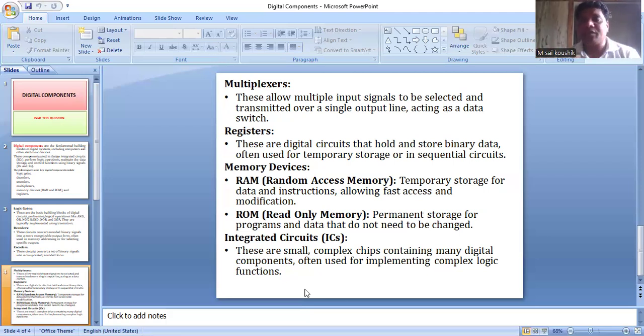There is a special circuit for the input device and for the output device. Why? Because a keyboard is not similar to a printer. The printer is different, the keyboard is different. So both devices stand on different kinds of integrated circuits. That is called the integrated circuit block.